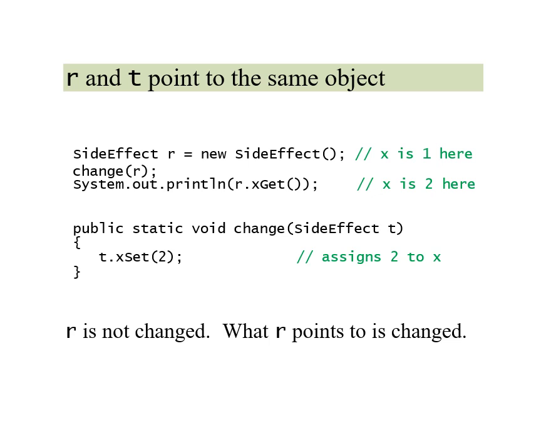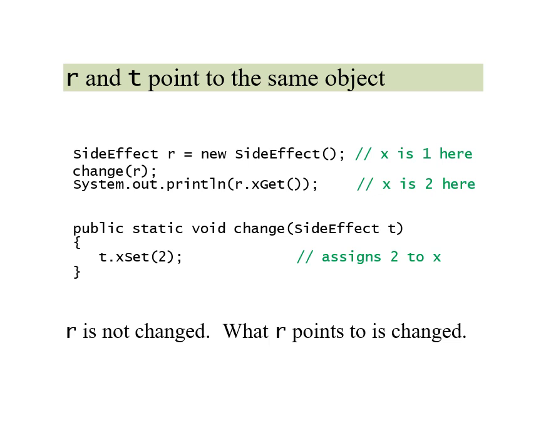Then we call change R. So we're passing R to the change method, which is shown on this side. R is received by T. So both R and T are separate slots. They both point to the same object, the one that the first statement created, that has 1 in the x instance variable.